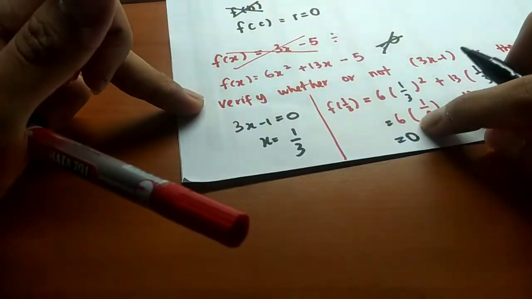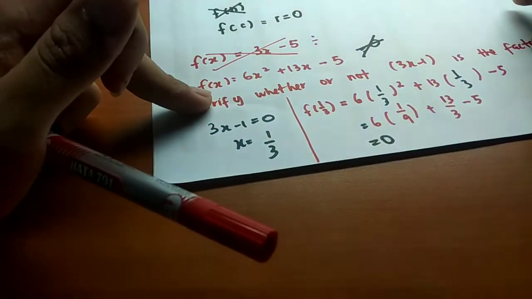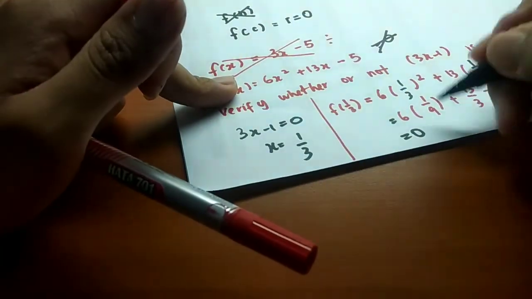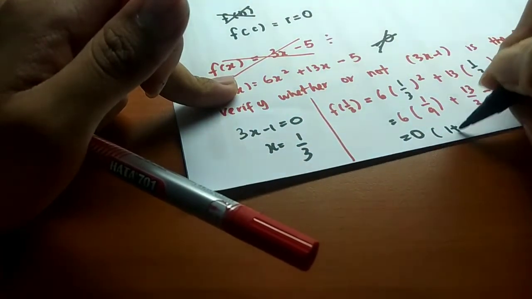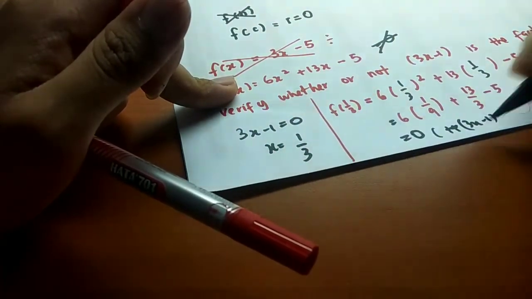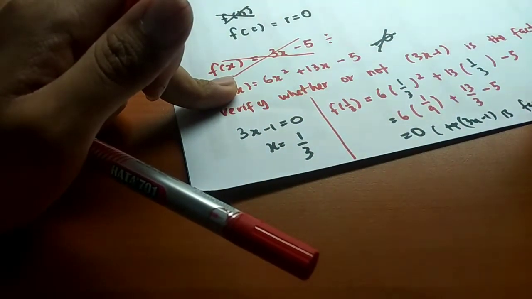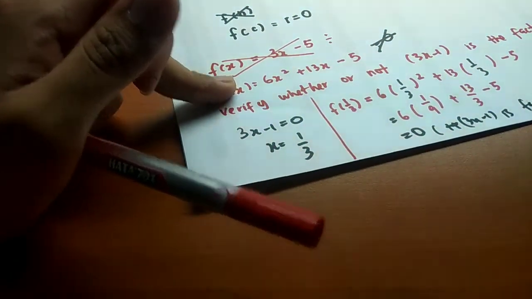Okay, so the question asks us to verify, then yeah, this is the factor of this, so it is being verified already. Simply, 3x minus 1 is a factor of f of x.